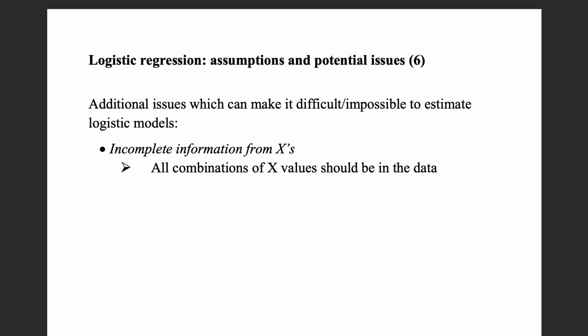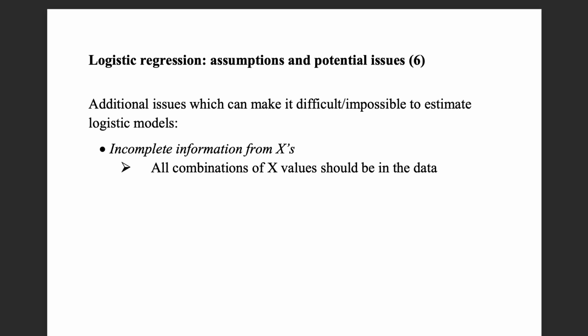So in that situation, we have incomplete information. There are combinations of X values in our data that are in theory possible, but that are in practice not actually observed in our data set, and that can lead to problems with estimating your logistic regression models.